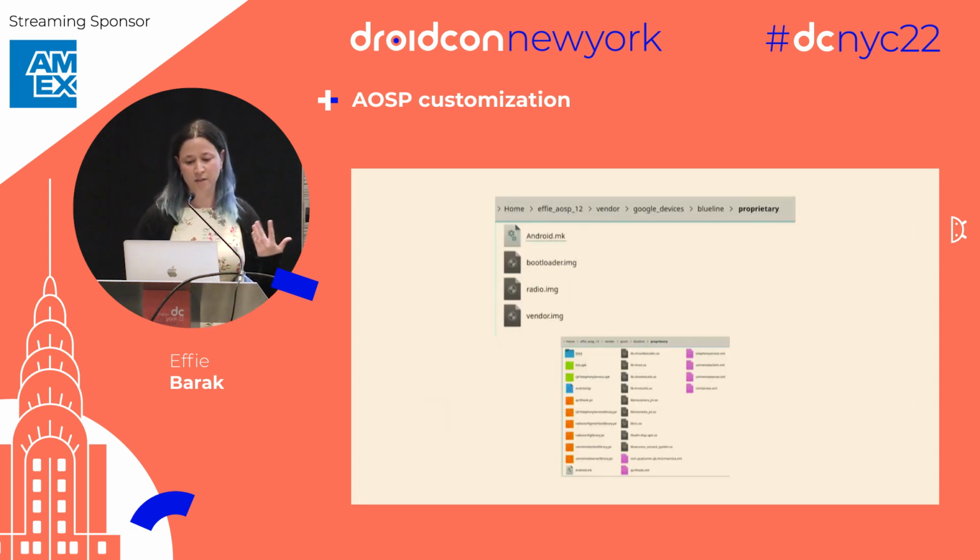For example, in the case of a Pixel, they will be for the Pixel 3 and for Qualcomm chips. We'll deploy them as blobs into our AOSP tree and build with it. If we wanted to build for other devices, the support there is pretty limited.